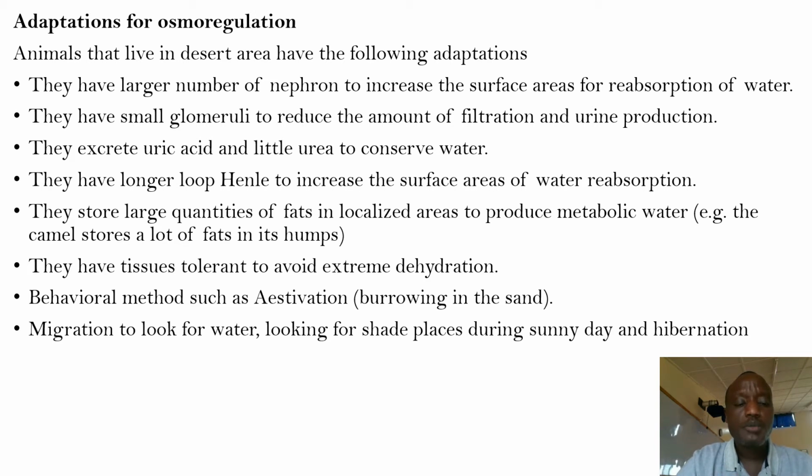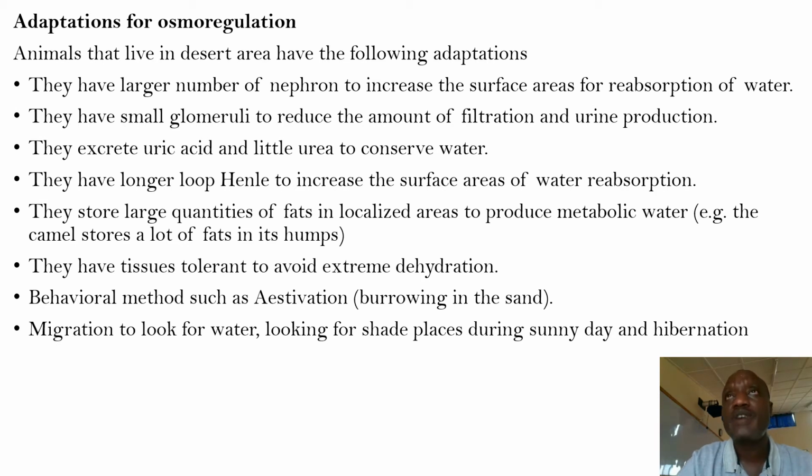So now we are moving to adaptations for osmoregulation. We are talking about osmoregulation, the balance of water and solute concentration in our blood. But remember, we can't leave behind especially desert animals.